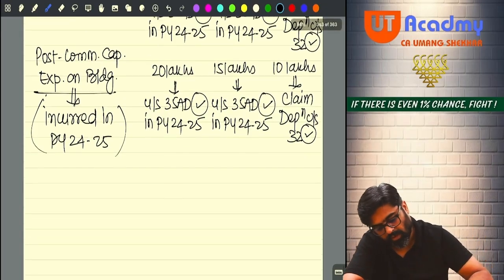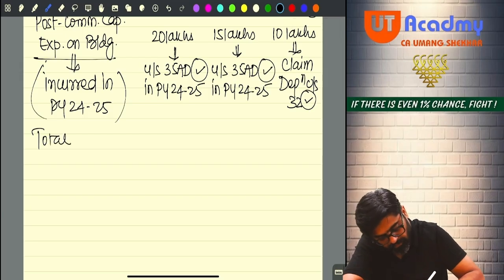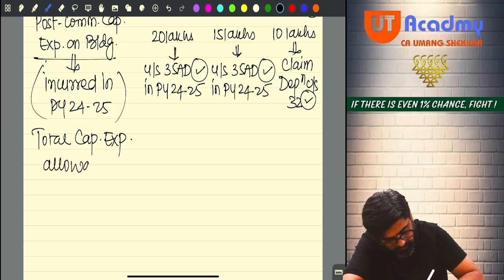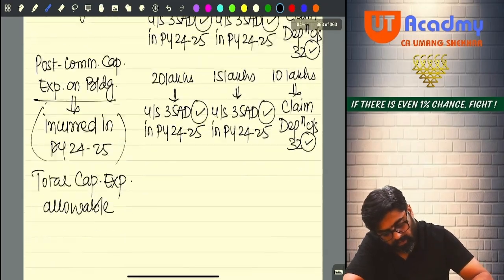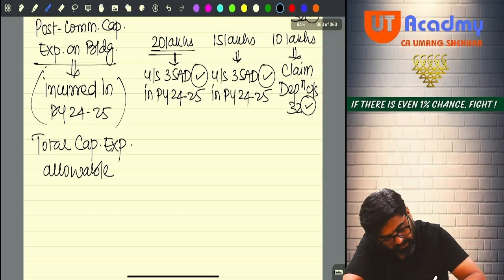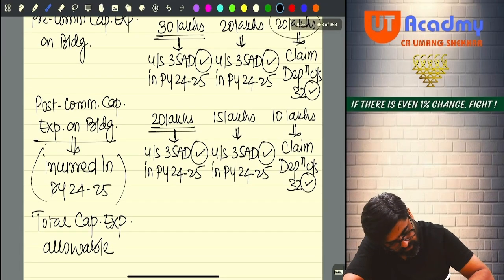Done, no? So now can I say total capital expenditure which is allowable is how much? 20 plus 30. This 20 plus this 30 will be 50 lakhs.